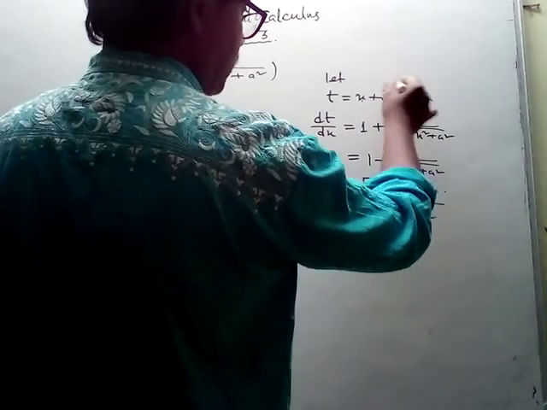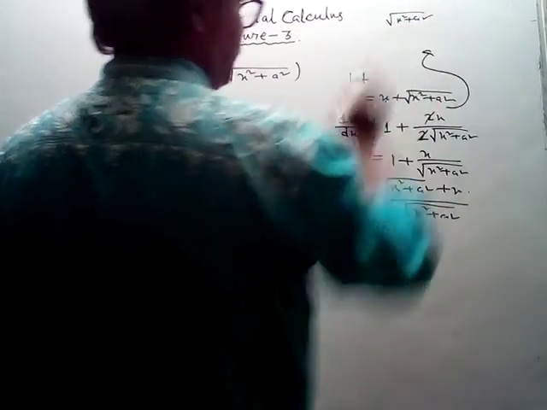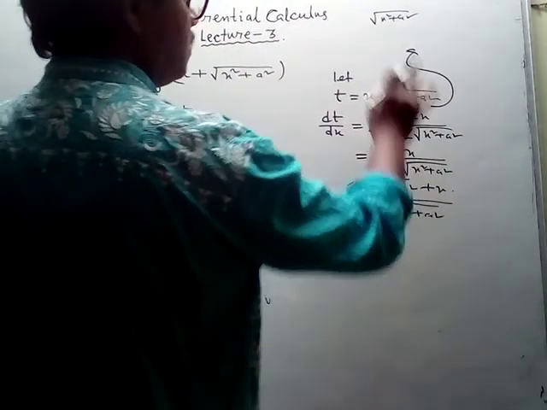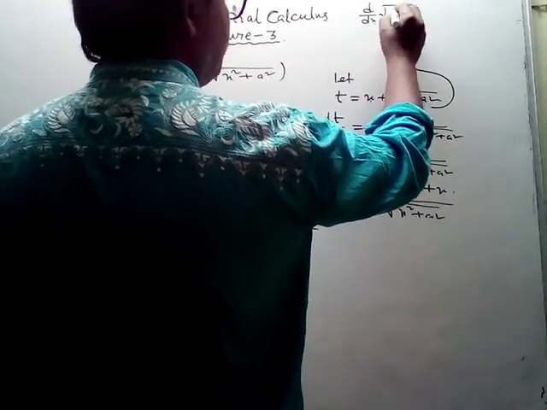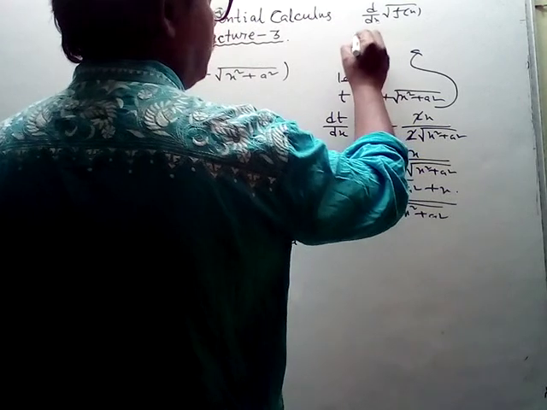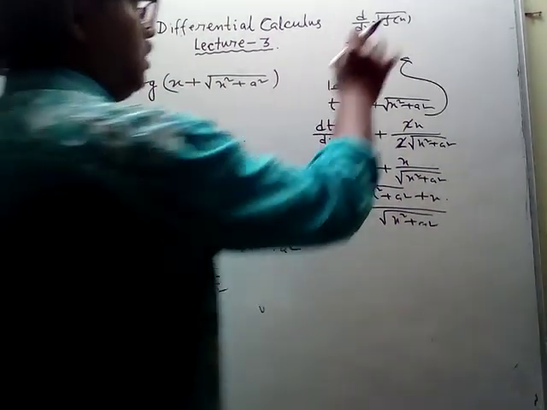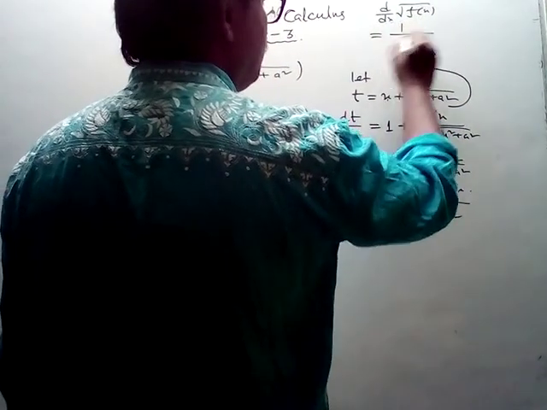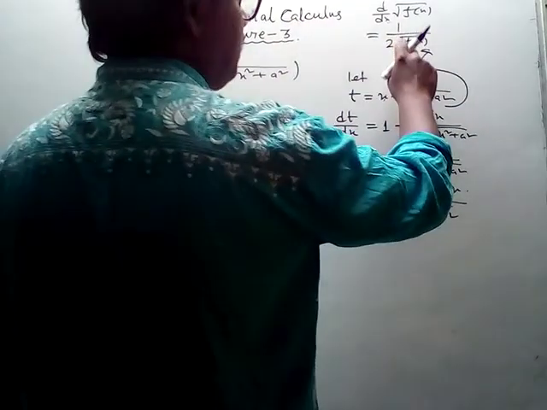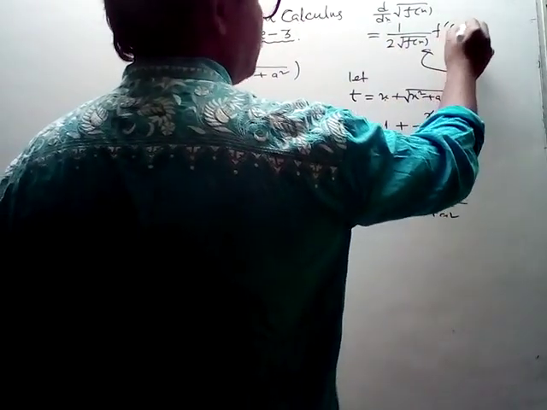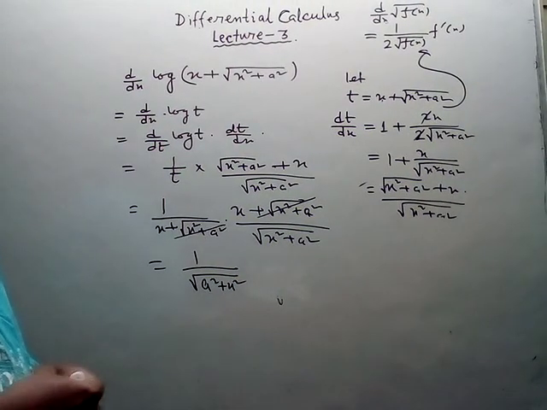Why is this the derivative of root over x square plus a square? There is a function d/dx of root over f(x). The derivative of root x means 1 by 2 root x. So the derivative of root f(x) is 1 by 2 root f(x) with respect to f(x), then the derivative of f(x), f dash x. This is the formula: d/dx of root f(x) is 1 by 2 root f(x) into f dash x.